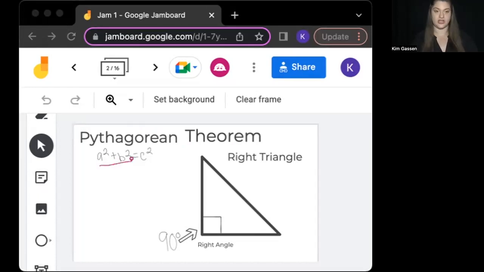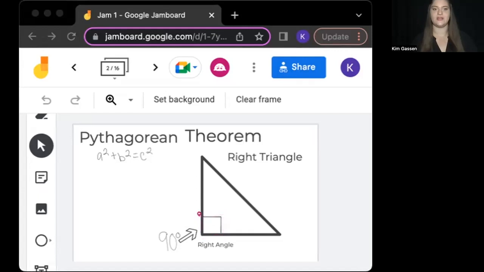This equation applies to right triangles. The way you identify a right triangle is by, funny enough, if it has a right angle. That is a 90-degree angle. If you draw these two lines off of it, it makes a square.